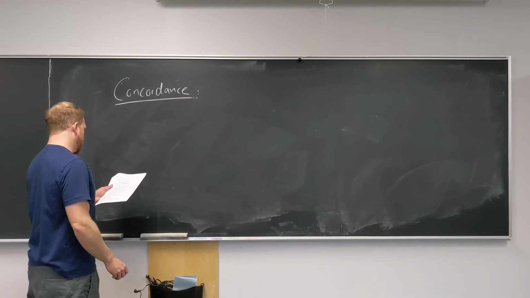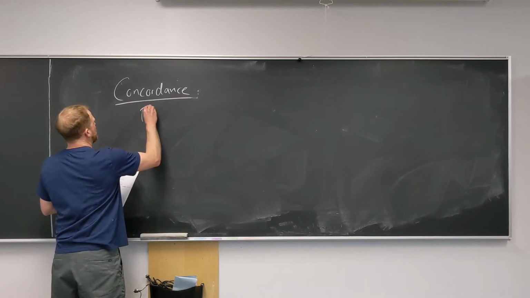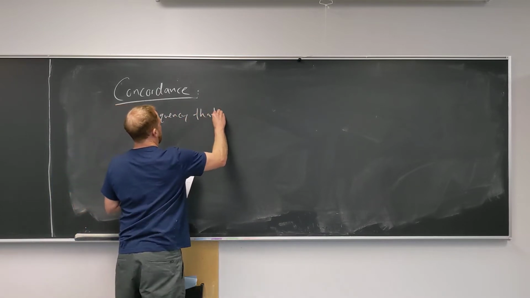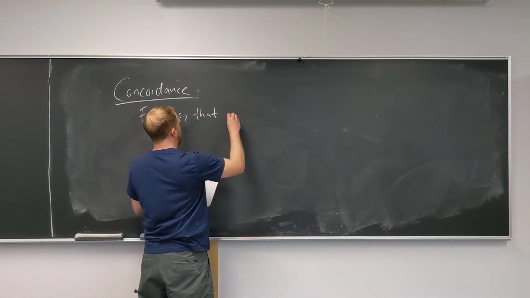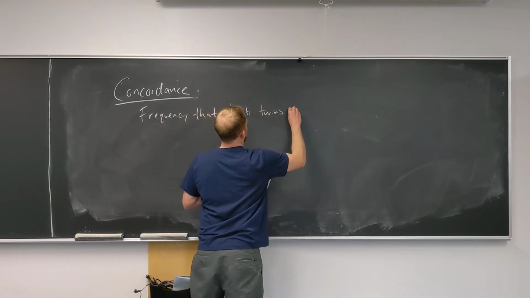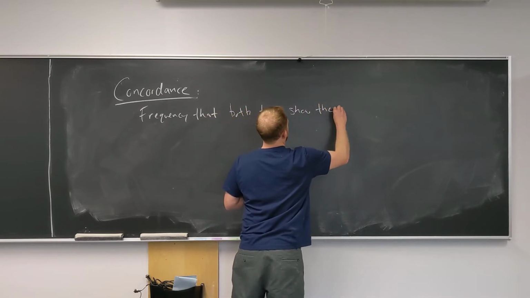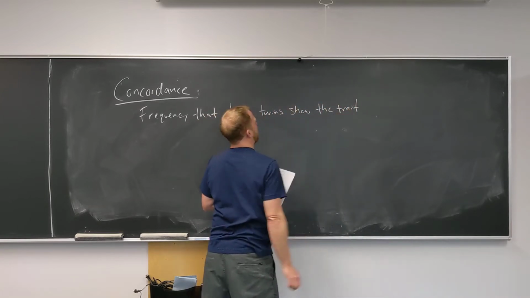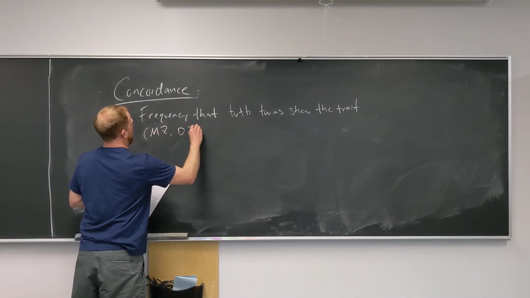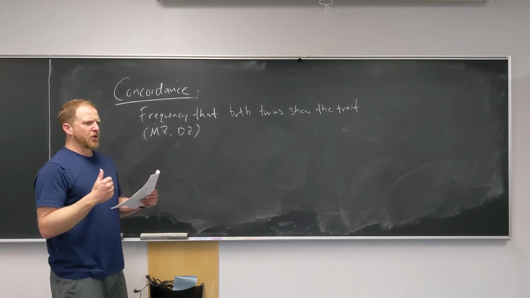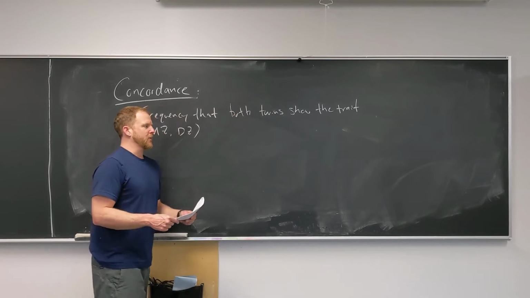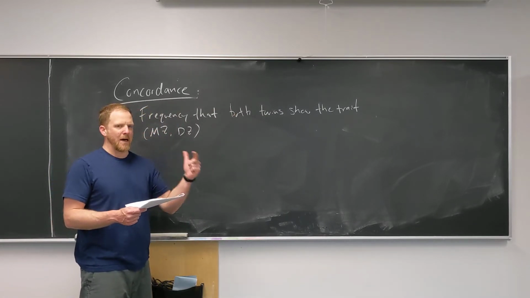Concordance is defined as the frequency that both twins show the trait, and this can be either monozygotic or dizygotic twins. Again, we're not comparing a trait value. Our trait value here is 0 and 1. It's this binary discrete trait. So we're not looking at height, weight, or body mass index.